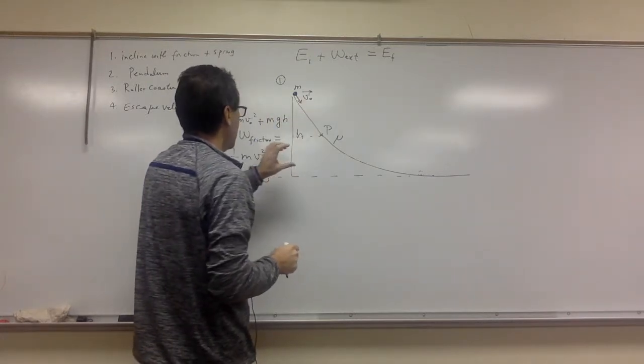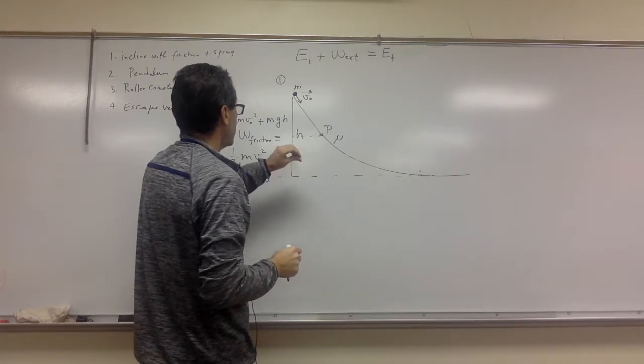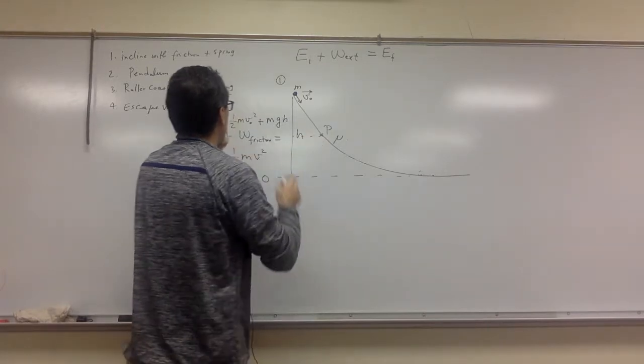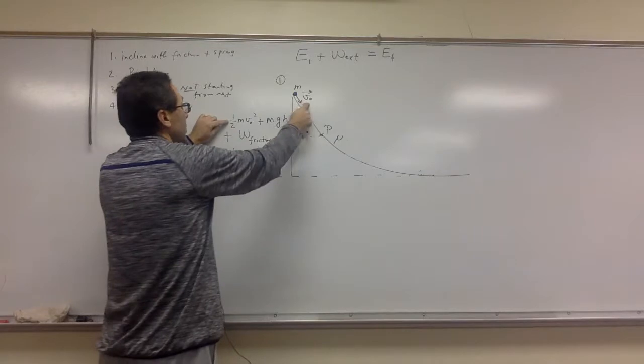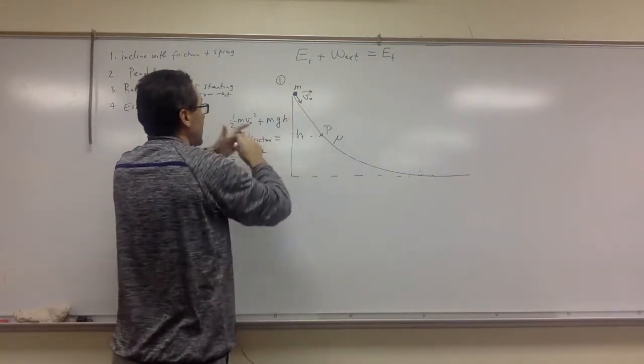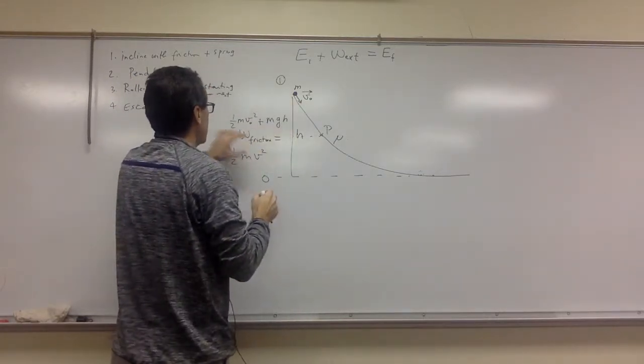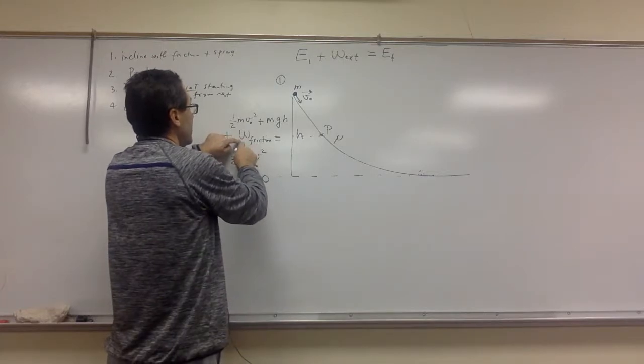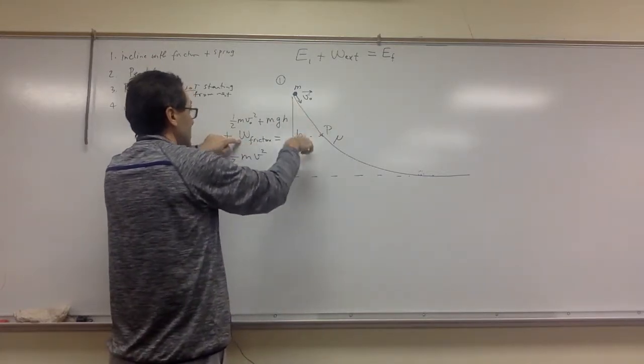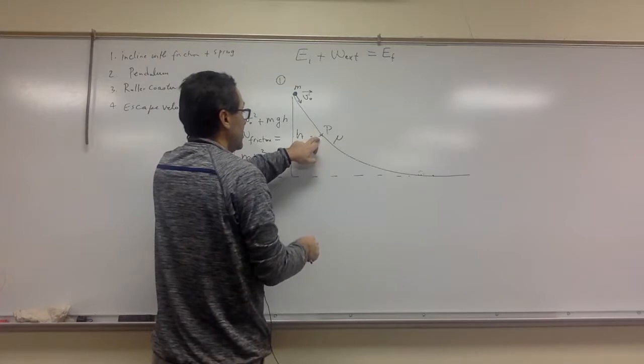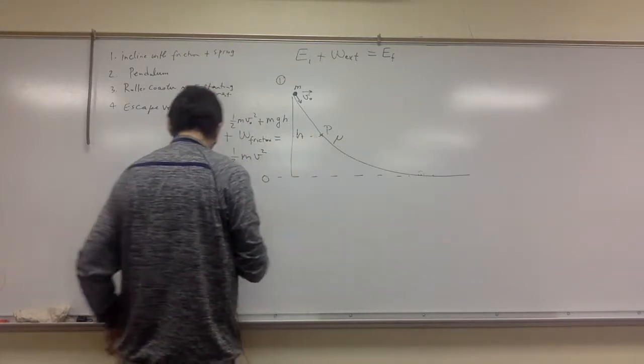And that should equal 1/2 mv squared plus mg, this height, right? Plus the work done by friction in between equals the kinetic energy and the potential energy here. That's what it should be.